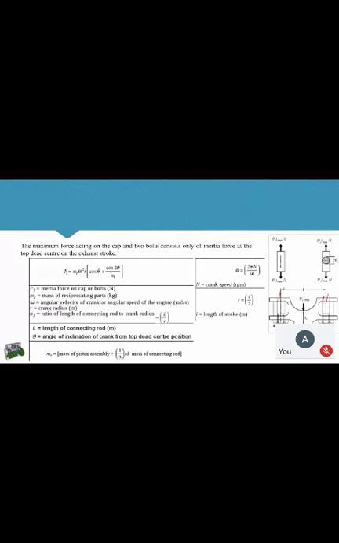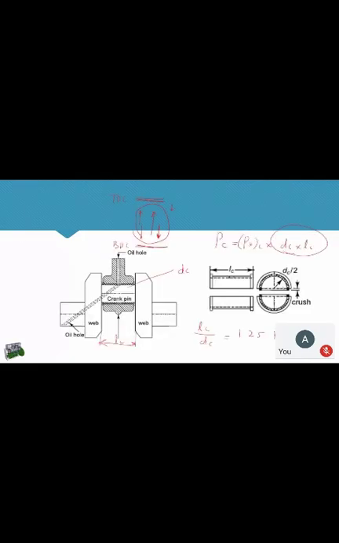Okay. What I mean to say is, ideally we know that there are 4 strokes, and during these 4 strokes the piston is going to move between the two end positions, which are TDC and BDC. But actually, the combustion takes place a few degrees before TDC, around 8 to 10 degrees before TDC.